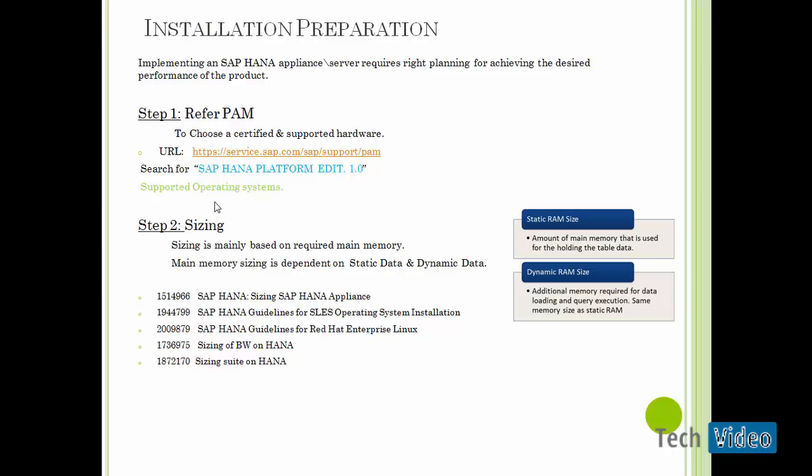What do you mean by sizing? Sizing basically means sizing the server with the needed hardware like CPU, memory, and the storage disks. In SAP HANA, sizing is mainly based on the required main memory.